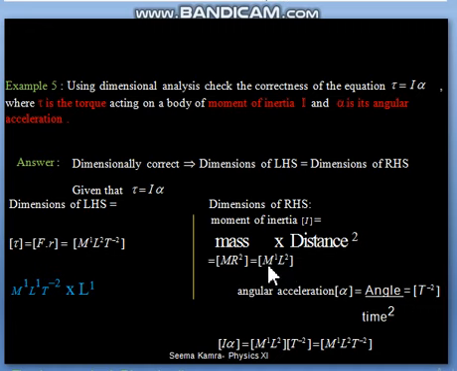So m1 l2 is the formula for I. Then this term we read as alpha. Alpha means angular acceleration and its formula is angle upon time square. Now angle is dimensionless, so only time t will be raised to the numerator. So t power minus 2 we will obtain.